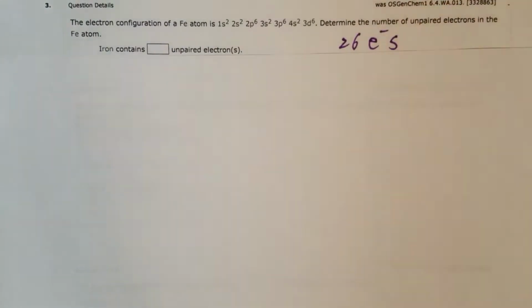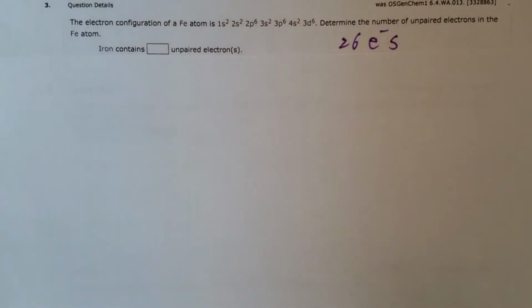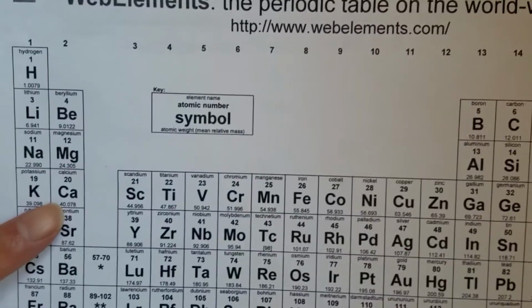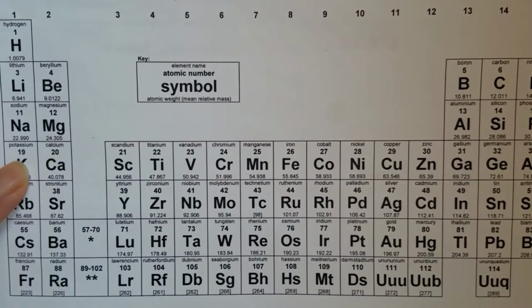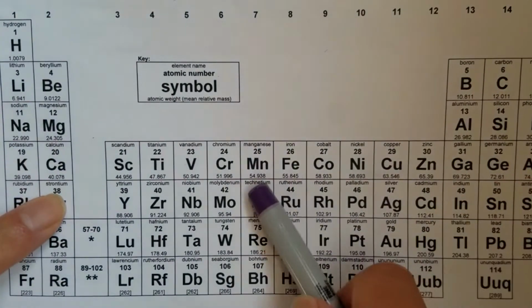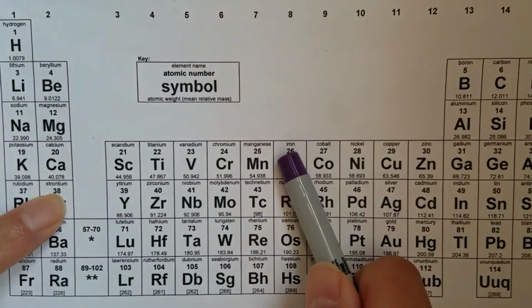If the electron configuration is not given, how do you find out the number of electrons of any atom? First, you find the element in the periodic table. In this case, iron is number 26.